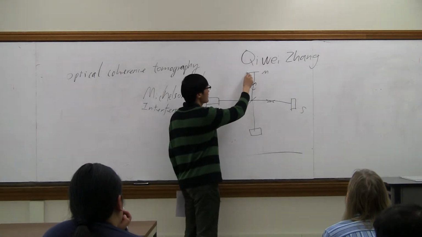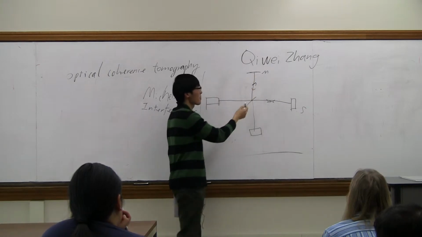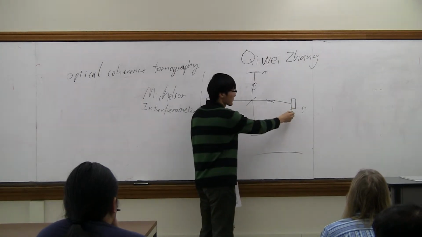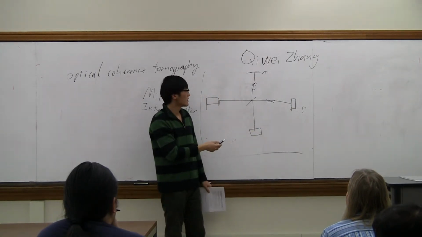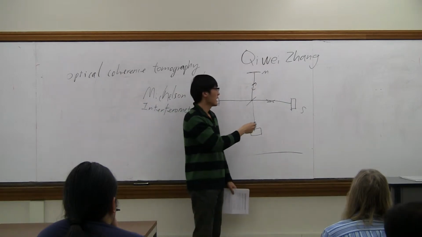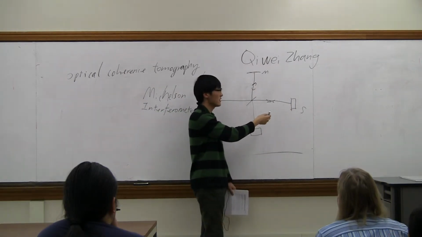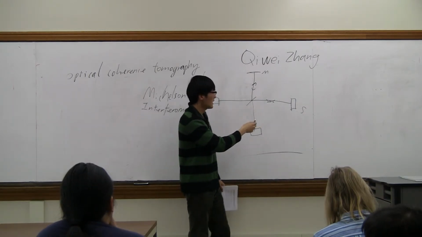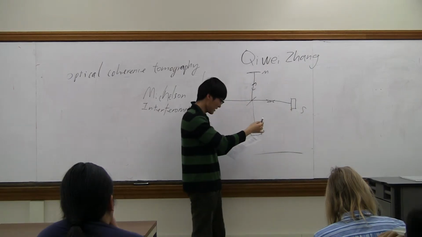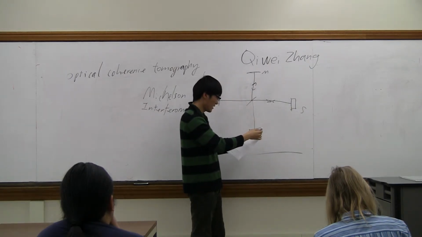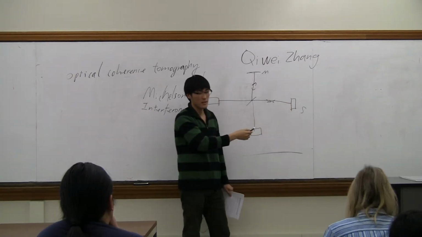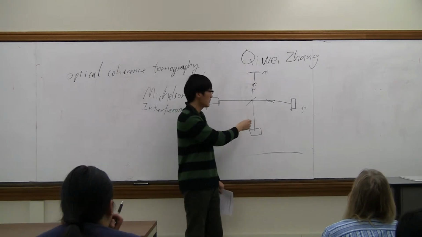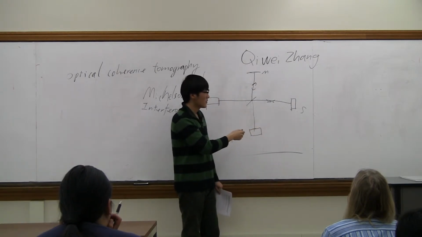By scanning this mirror, the reflectivity profile of the sample can be obtained, and any light that is outside the coherence length will not interfere.